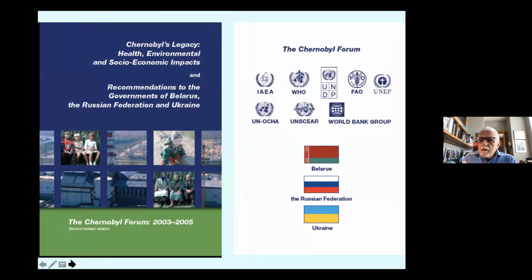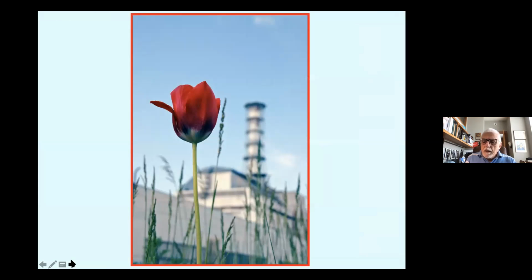Chernobyl was a major event in the world. It was the biggest nuclear issue that ever struck anywhere in the world. To study it, the Chernobyl Forum, with 8 different agencies of the United Nations and all the scientists from Belarus, Russia, and the Ukraine, studied it.